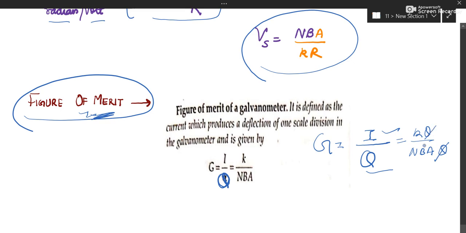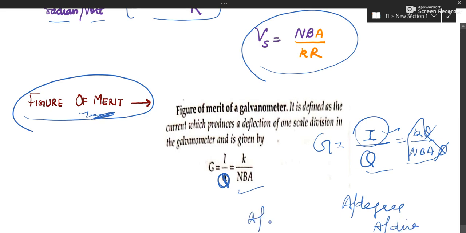Theta will be cancelled. So it is k by NBA. This is figure of merit. You can make the unit on your own: ampere per degree, ampere per division or ampere per radian. It is the reciprocal of current sensitivity.